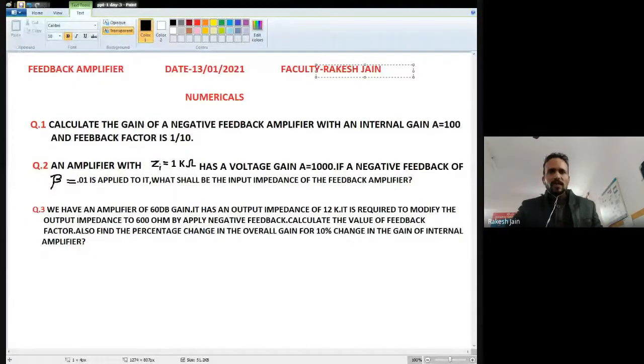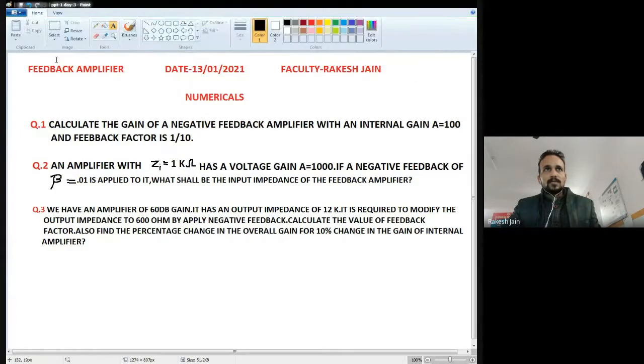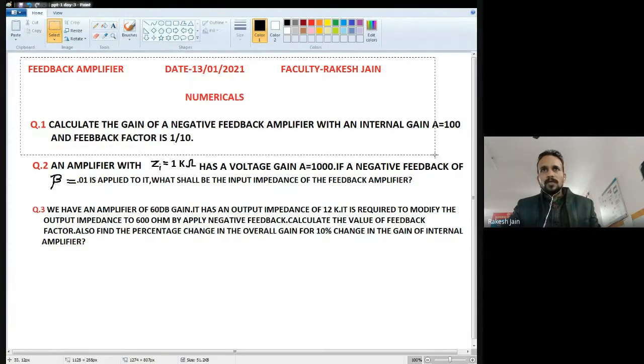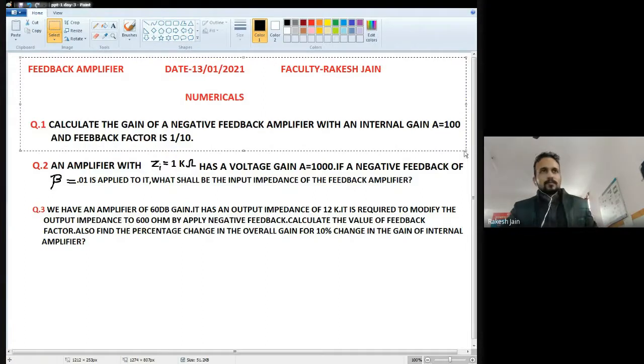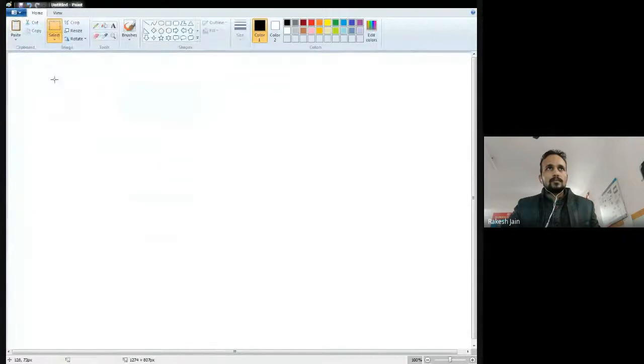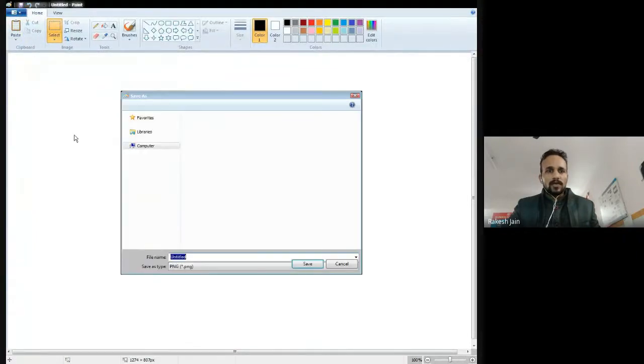There are two or three numericals I typed, and we solve them one by one. I just copy the first numerical. Wait for a while, I just save this file.